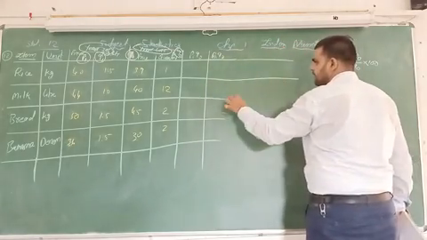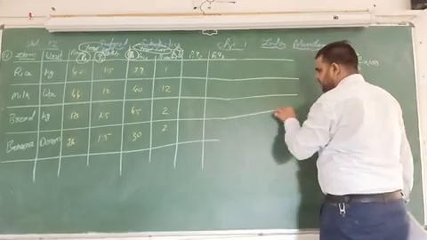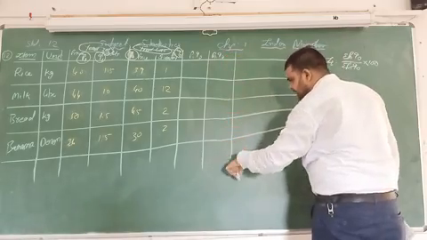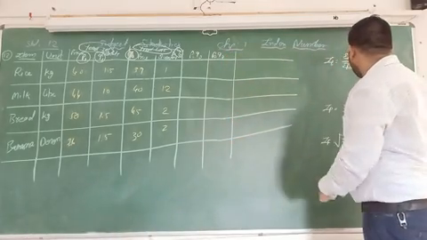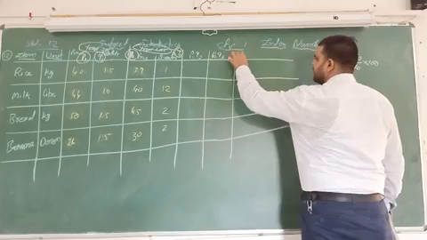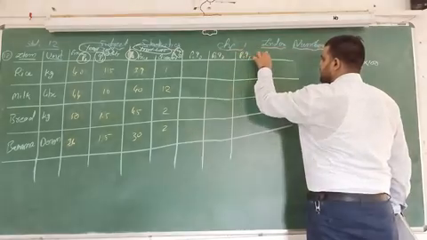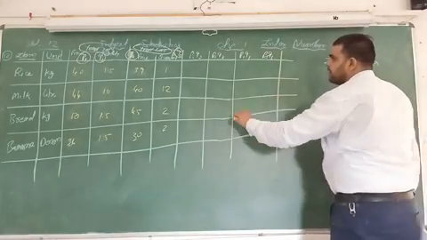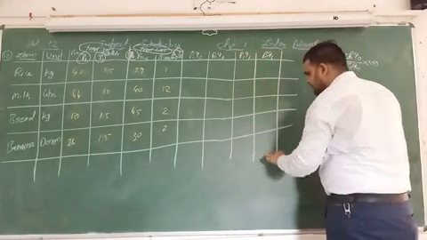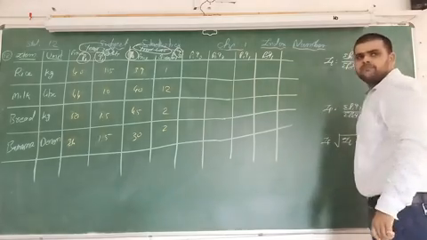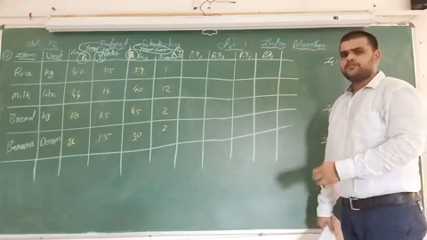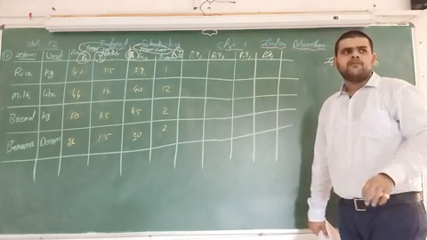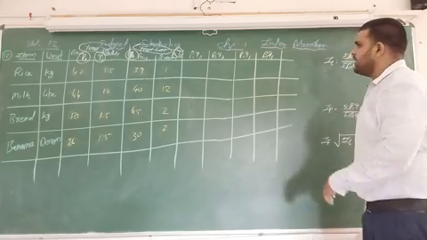And then after we have to find out the Paasche index number, and for Paasche's index number again we have to find out two things, P1 Q1 and P0 Q1. So we have to find out four different things, and on the basis of that we have to find out Laspeyres, Paasche and Fisher's index number. So first of all we are going to start with the Laspeyres index number.